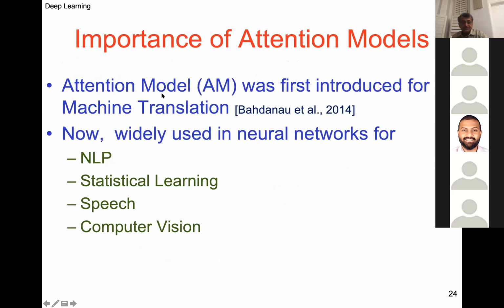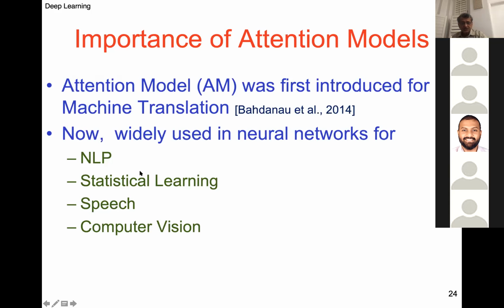So the attention model that we just talked about, we'll talk about it more in the next lecture. But that seems like an important topic here. It was first introduced for machine translation in 2014, about 5-6 years ago.